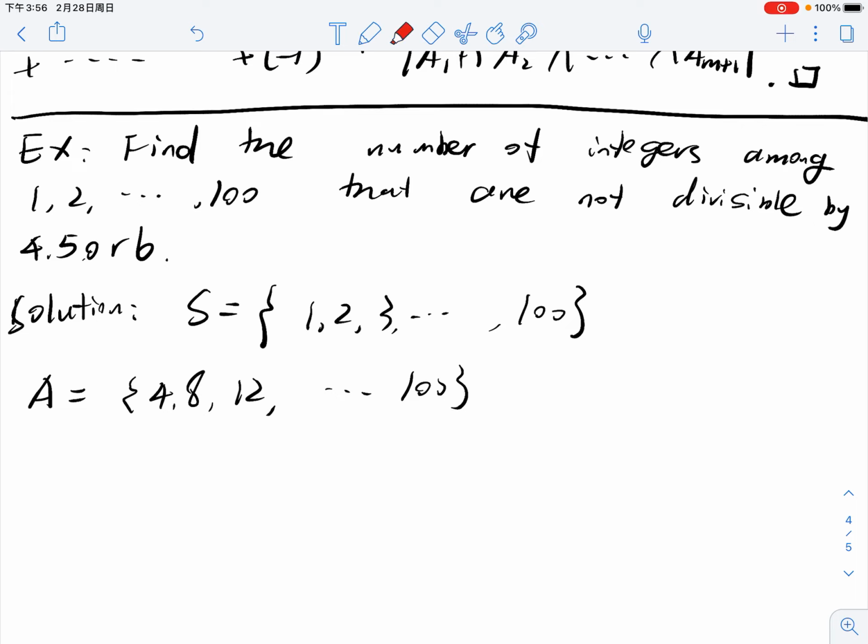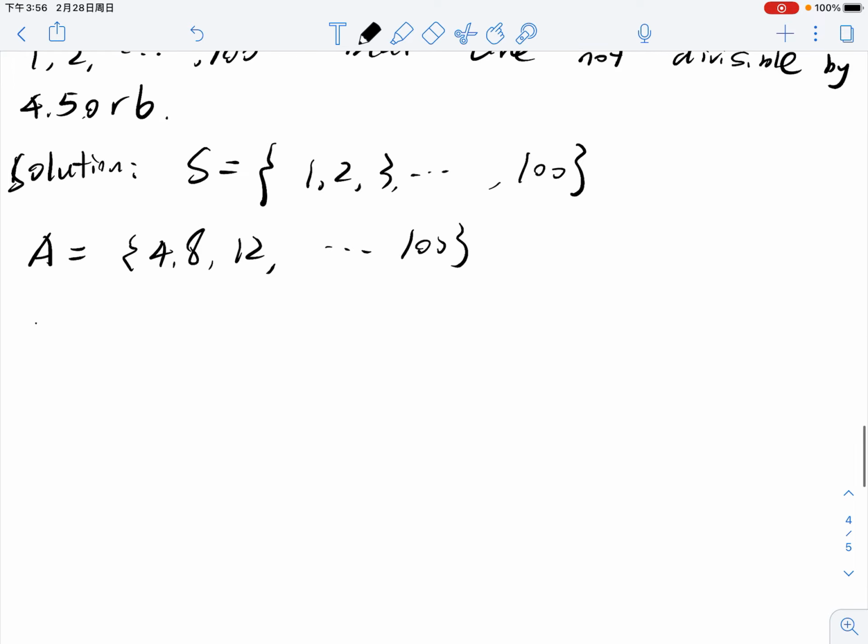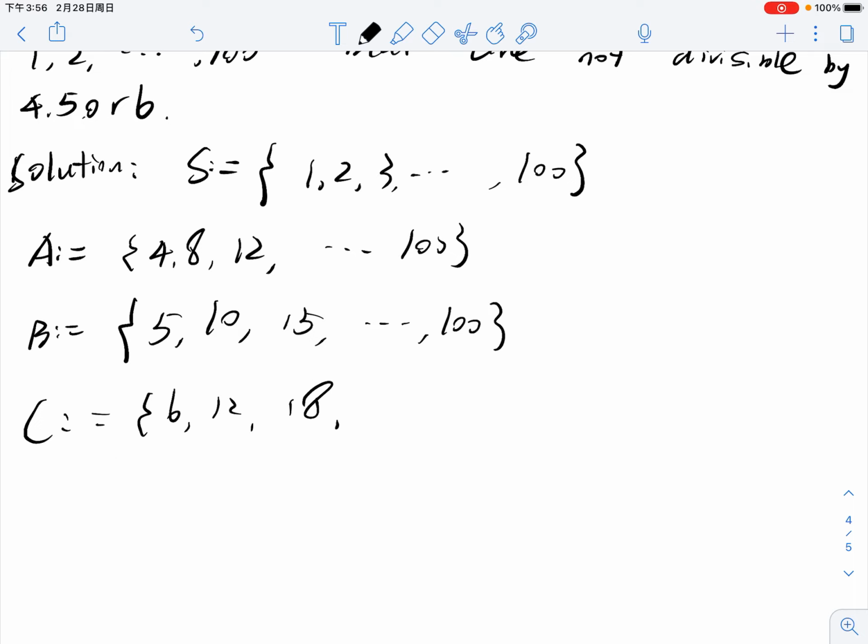When you only have a few sets, we would like to use A, B, C instead of A1, A2, A3, since it's more convenient for us human beings. Then B is 5, 10, 15, all the way to 100. And C is 6, 12, 18, all the way to 96.